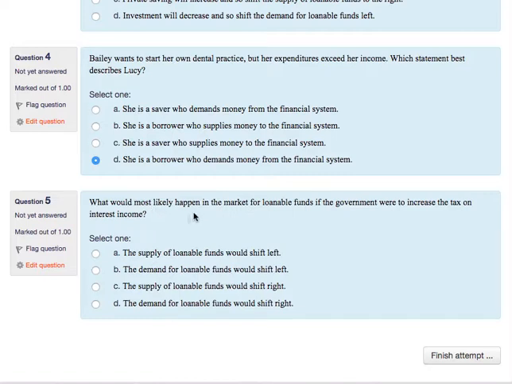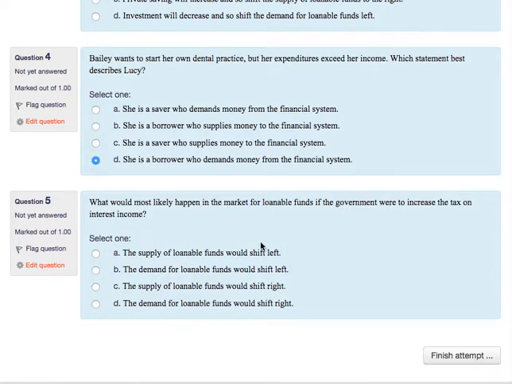What would most likely happen in the market for loanable funds if the government were to increase the tax on interest income? So you always have to look at this from the point of view of, is it more tempting or less tempting than before?